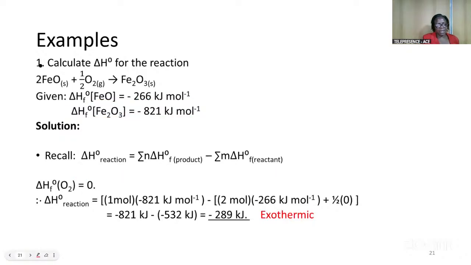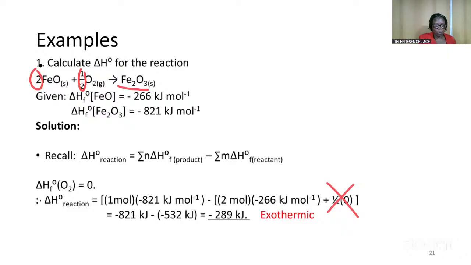As a result of that, by the time you are substituting, you also have to bear in mind the stoichiometry of the reaction. For this reactant, it's 2. For oxygen, it is half. And then we already know that oxygen is 0. So when you come to the reactant side, the standard enthalpy of formation is 0, and then you have 2 for the iron oxide.